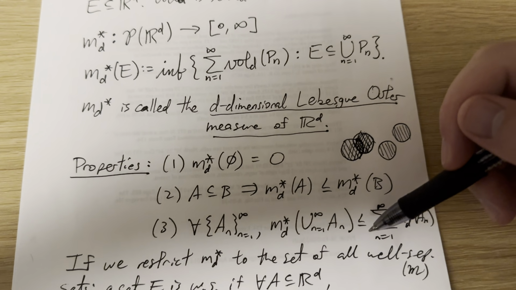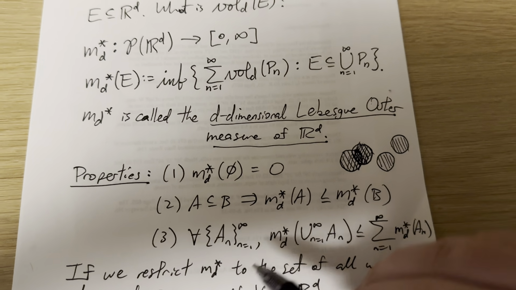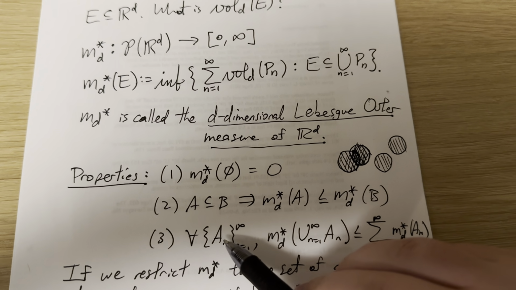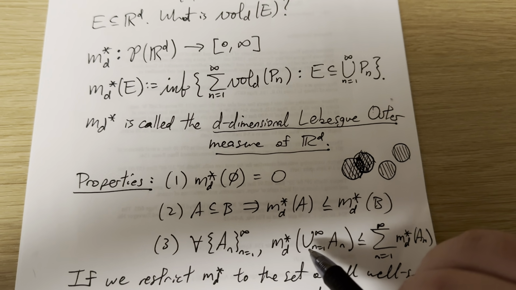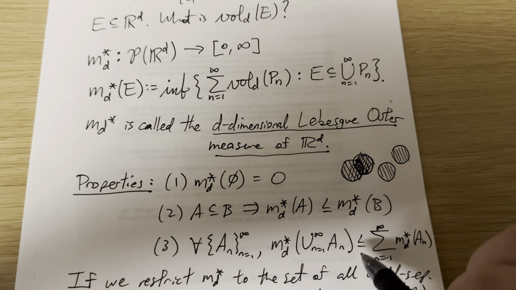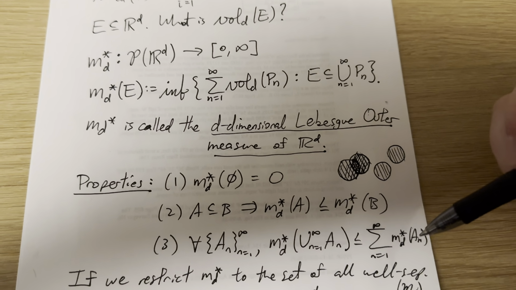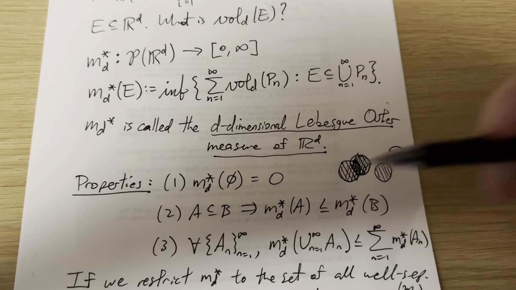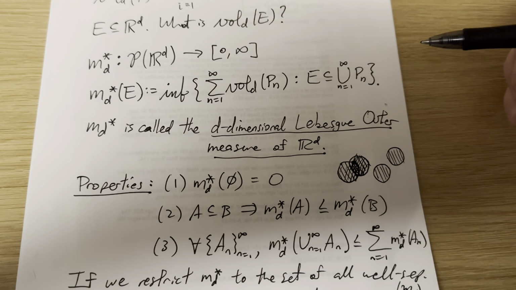You don't have the fourth property, which says that if I have a disjoint collection of sets, meaning no overlaps, then the outer measure of the union is not necessarily equal to the sum of the outer measures. And that's the fourth property that takes us from outer measure to the Lebesgue measure.